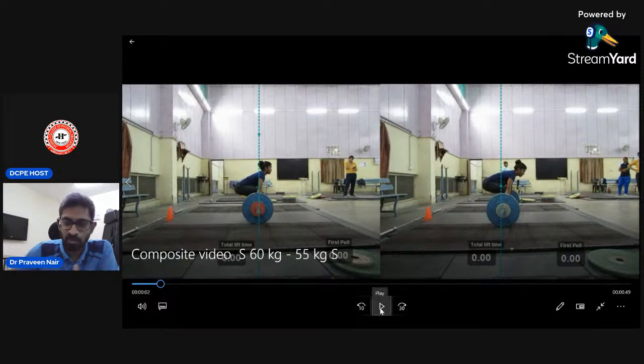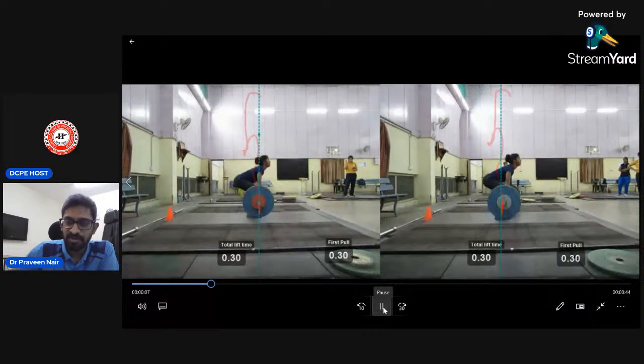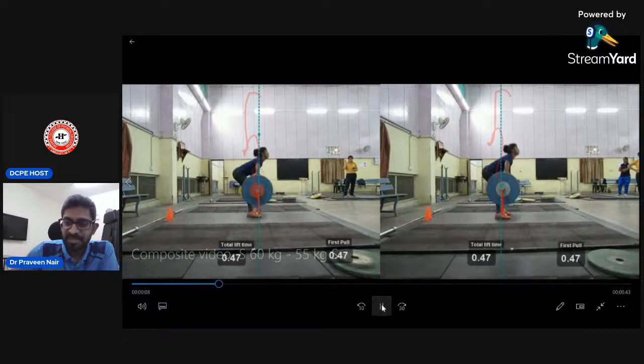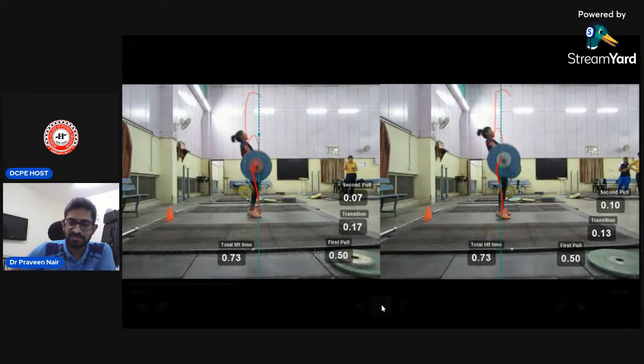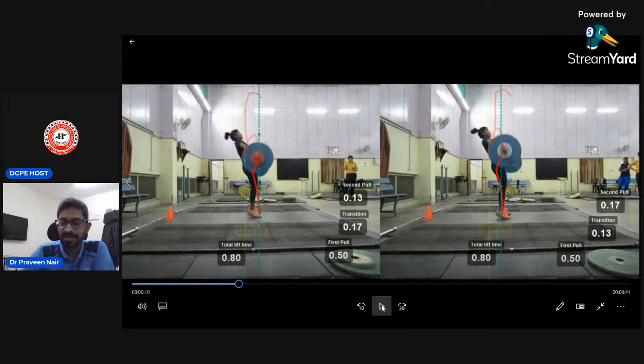As you can see, this is a composite video using the software Kinovea. We have divided the weightlifting into different phases. The first pull, the timer for the first pull is there, and then the transition phase is the phase where there is slight flexion at the knee, slight dorsiflexion at the ankle.